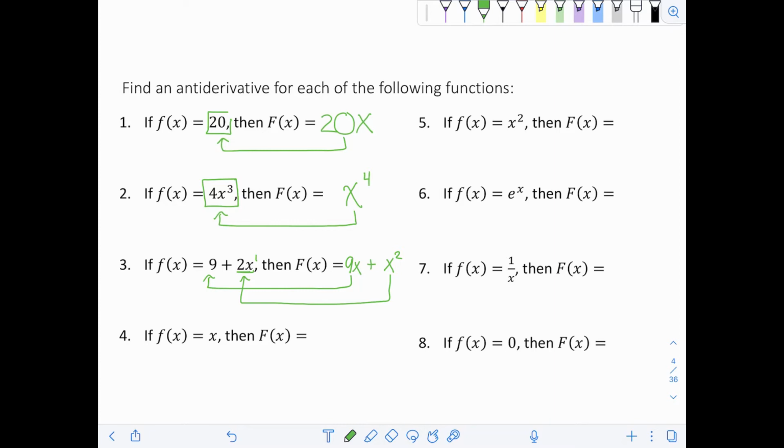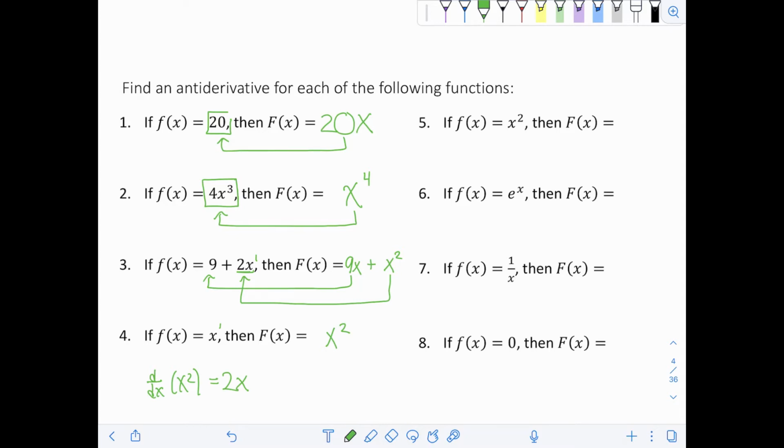If we just have an x, well, what I was saying before is that since this is x to the 1, we know that our antiderivative needs to be x squared. But the thing is that when we take the derivative here, the answer is 2x. So we're close, but we're not quite there yet.